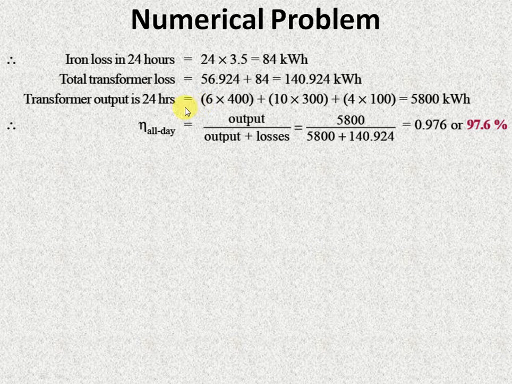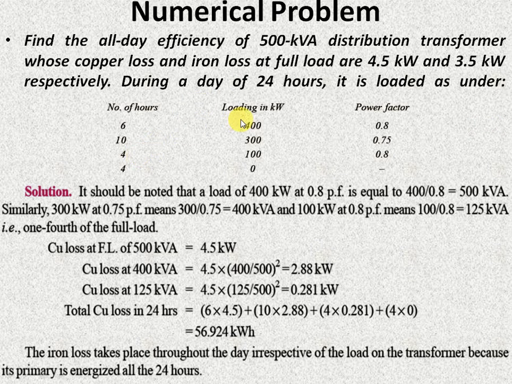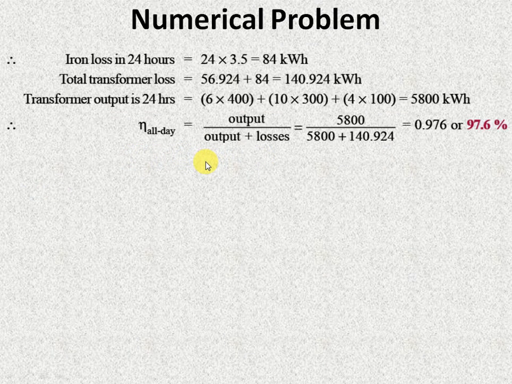In order to get the total output, you have to multiply 400 kilowatts into 6 hours plus 300 kilowatts into 10 hours plus 100 into 4 hours. This will give you the total output in kilowatt hour. Once you have the total output and the total losses in kilowatt hour, you can easily obtain the total input in kilowatt hour by adding these two terms.